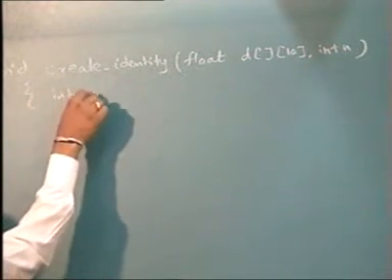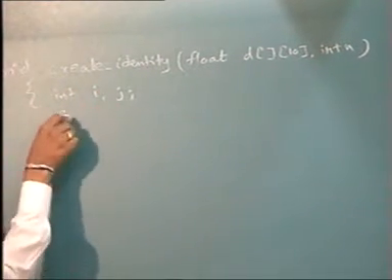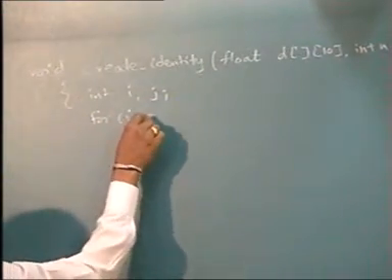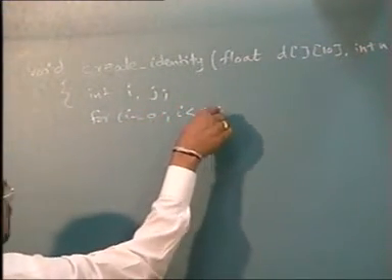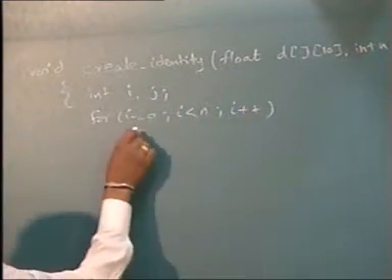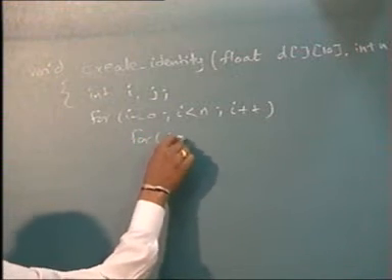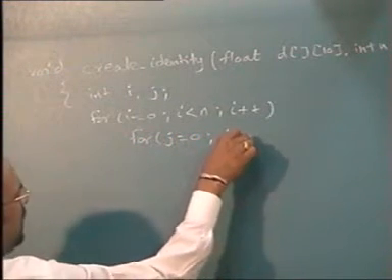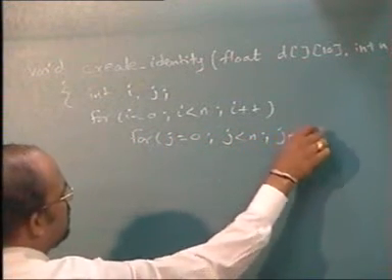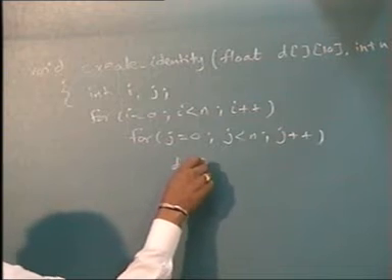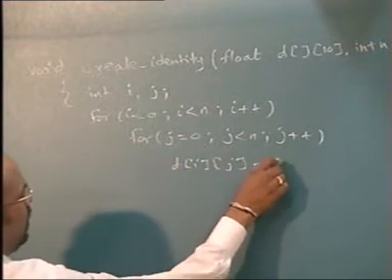It will be int i, j; for i equal to 0, i less than n, i plus plus; for j equal to 0, j less than n, j plus plus, d of ij is equal to 0.